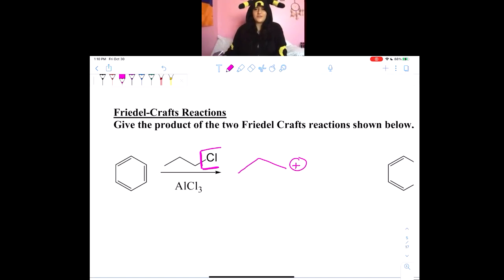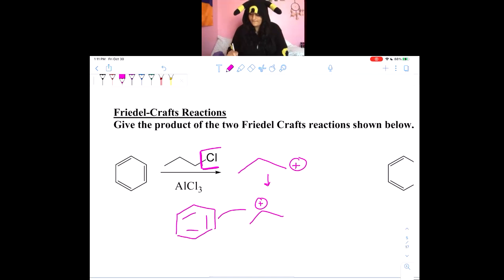We can actually do a rearrangement and make this a hydride shift, exactly. And at this point, now benzene can attack. Bam.